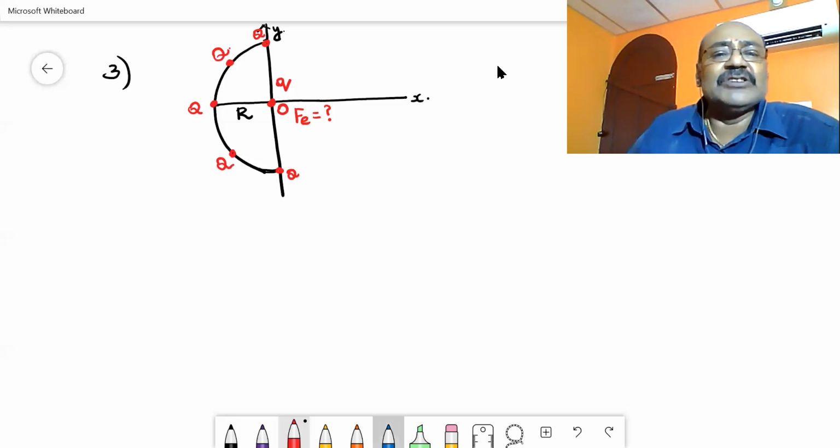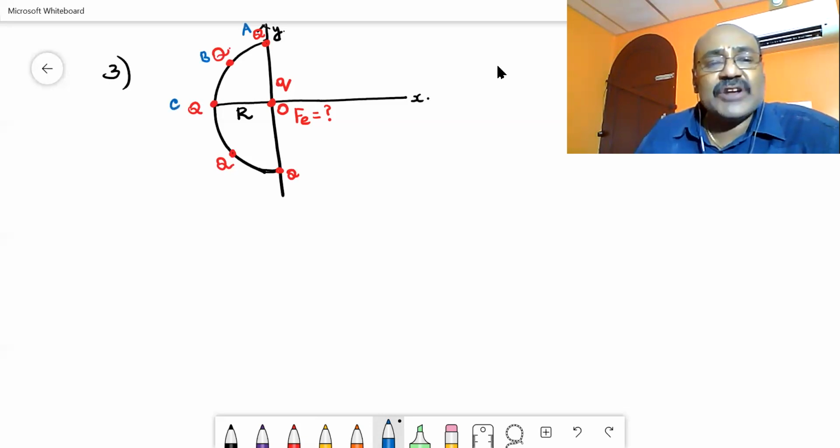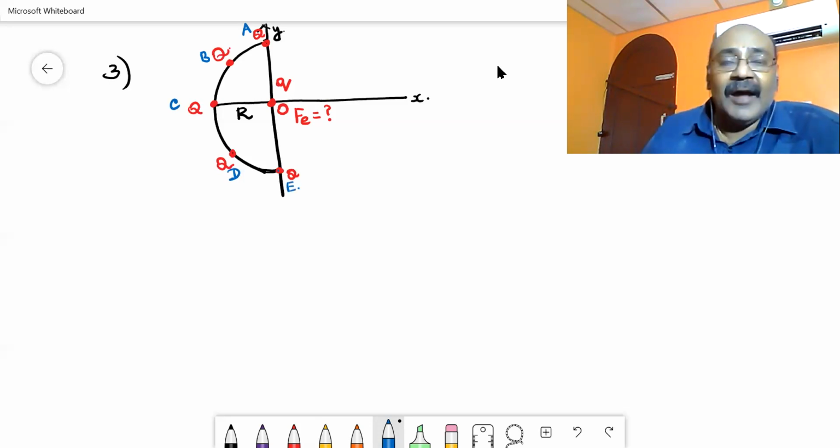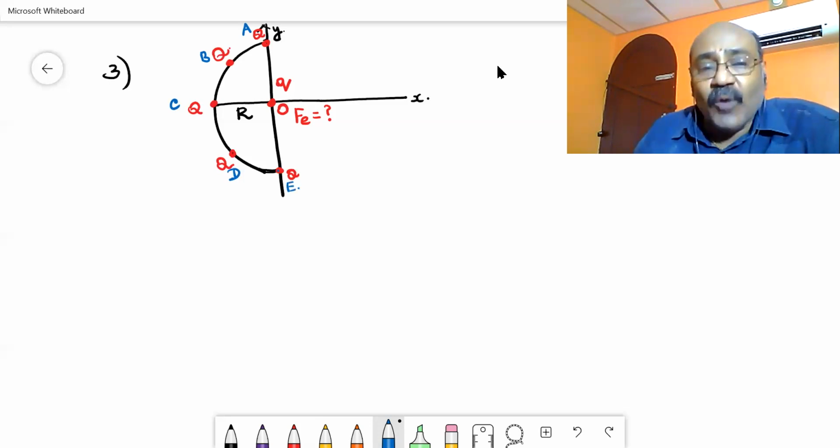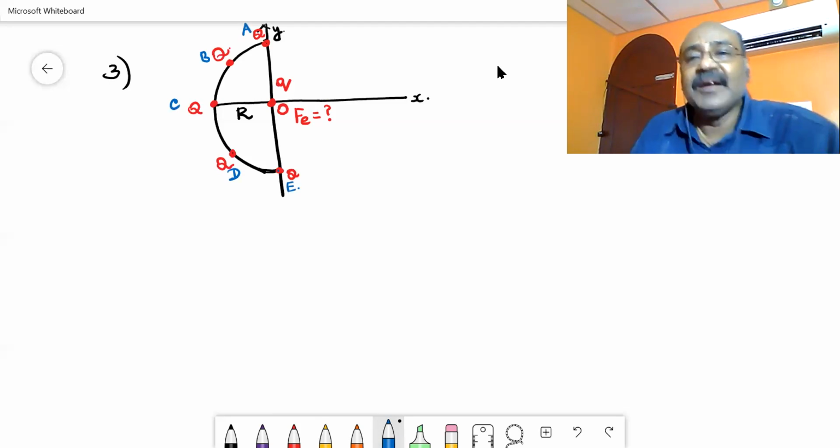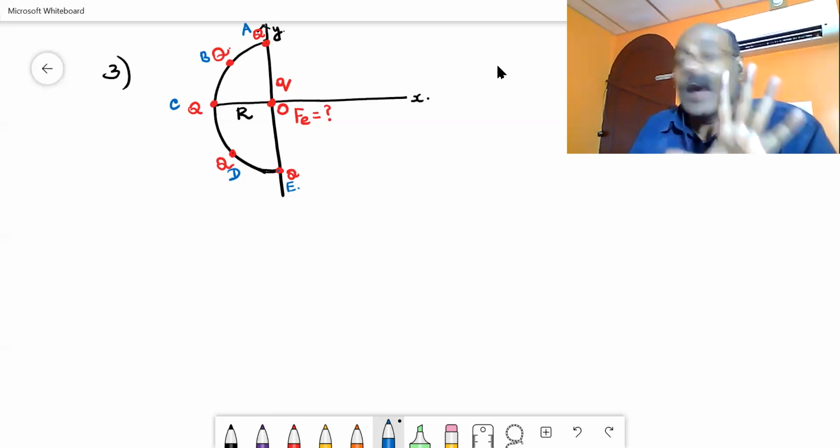One of the charges is considered to be at A, the second at B, the third at C, the position of the fourth charge take it as D, and the position of the fifth charge you consider as E. Now, the point O on which the charge small q is placed is experiencing 5 forces.